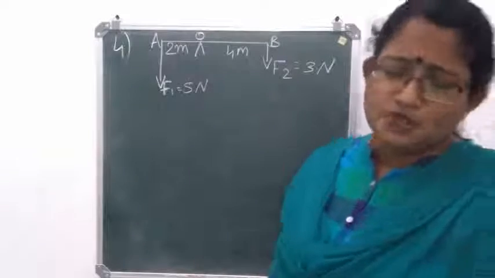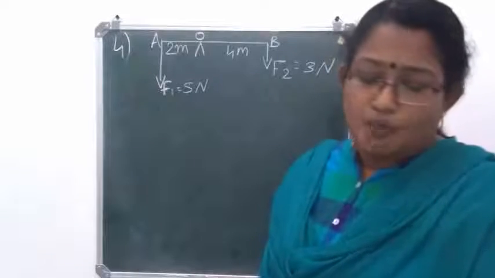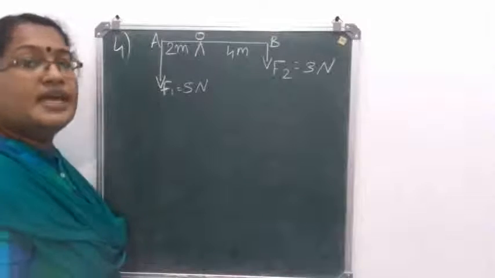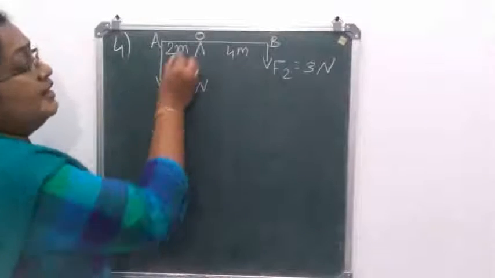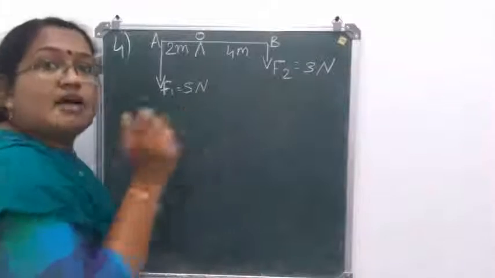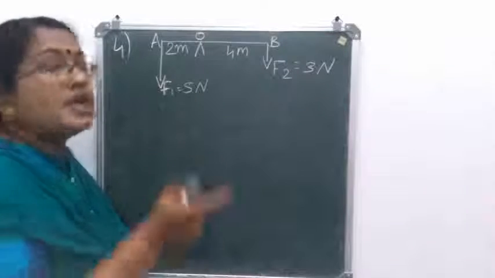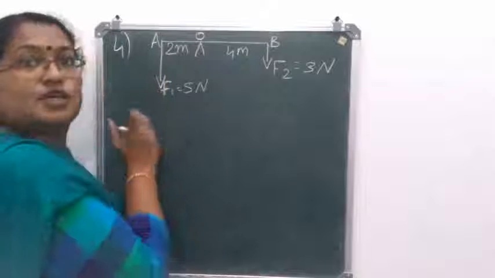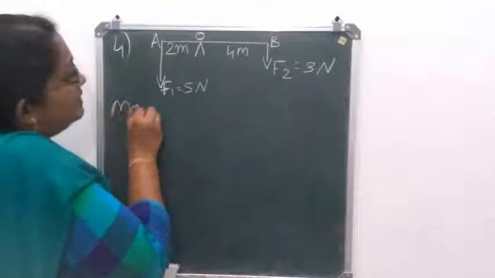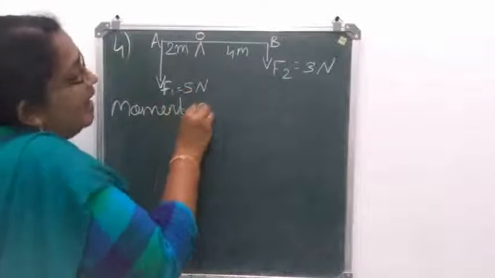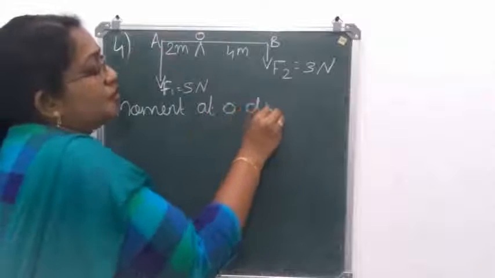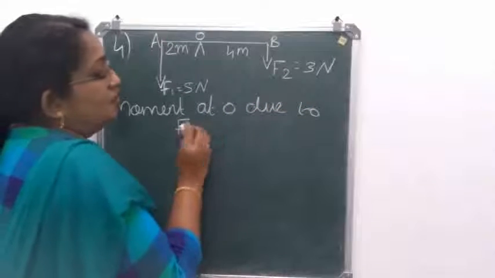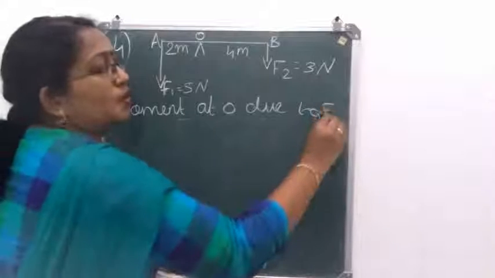Okay. So first one, calculate the moment of force F1 about O. That means what is the moment of force produced by the force F1 at O. So, moment at O due to F1.